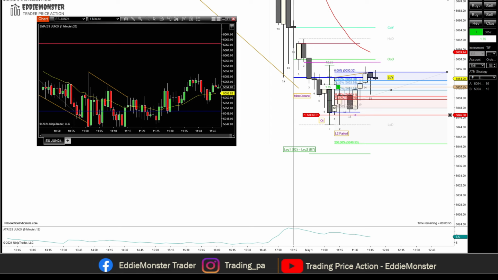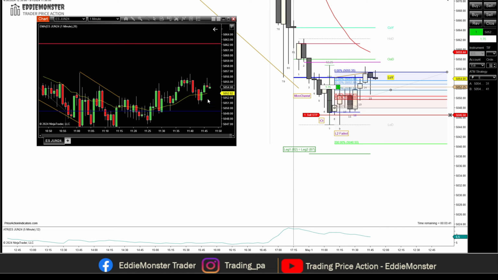We have a wedge here, a micro wedge, right? So that's a micro wedge, one, two, three. When we have a micro wedge like this, we can expect two legs down. So we have one leg here, pullback, and then we can expect the second leg down. If we have a bar going below here and retesting the moving average, that's normal to expect.